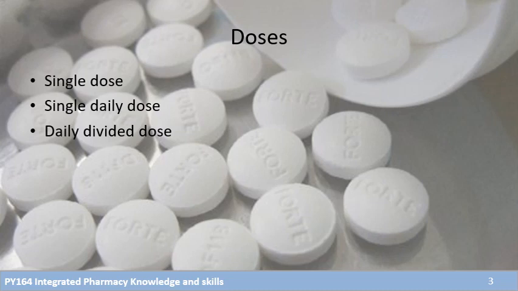And that's a daily divided dose. A weekly dose would generally be given at the same time each week, same day and same time each week. And it's really important that you don't get caught out. There are not many drugs given weekly, but when they are, it's really important that you notice that as a pharmacist.